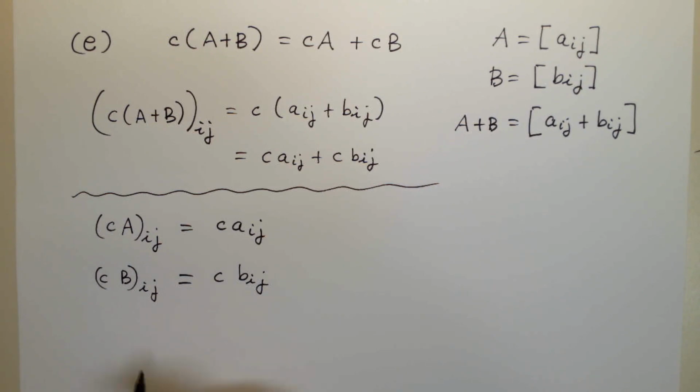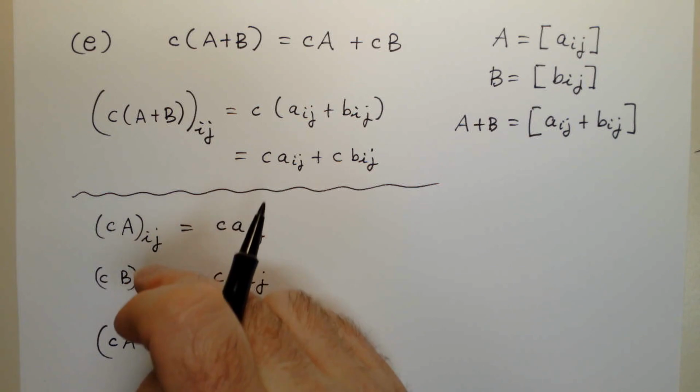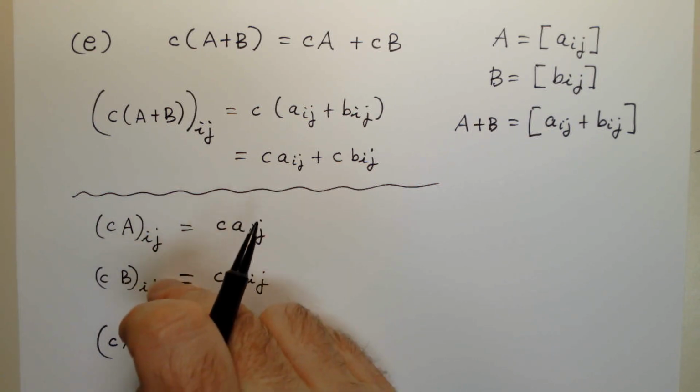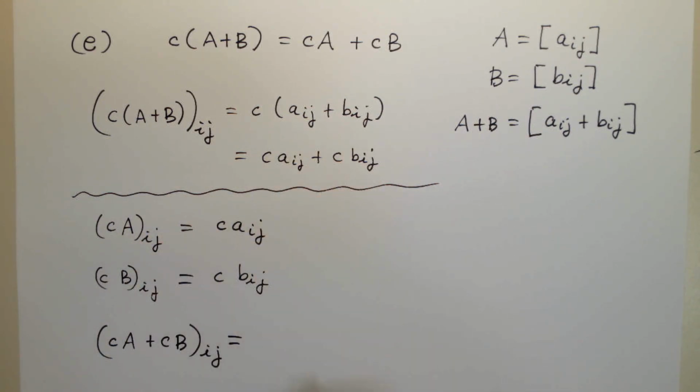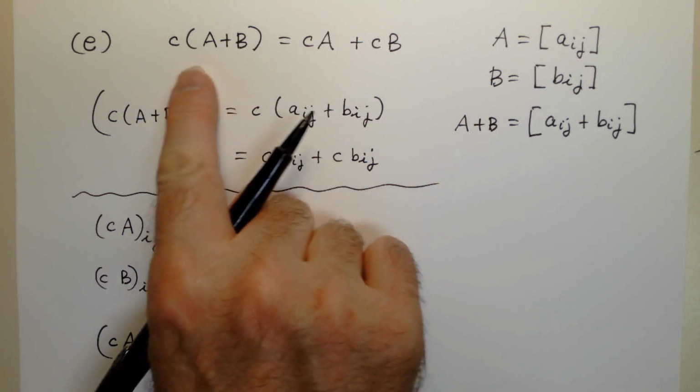All right, let's work that out. So if I take CA plus CB and I ask for its ij entry, well, matrix addition says I take the ij entries of each of the constituent parts and I simply add them together. So it's going to be C aij plus C bij.